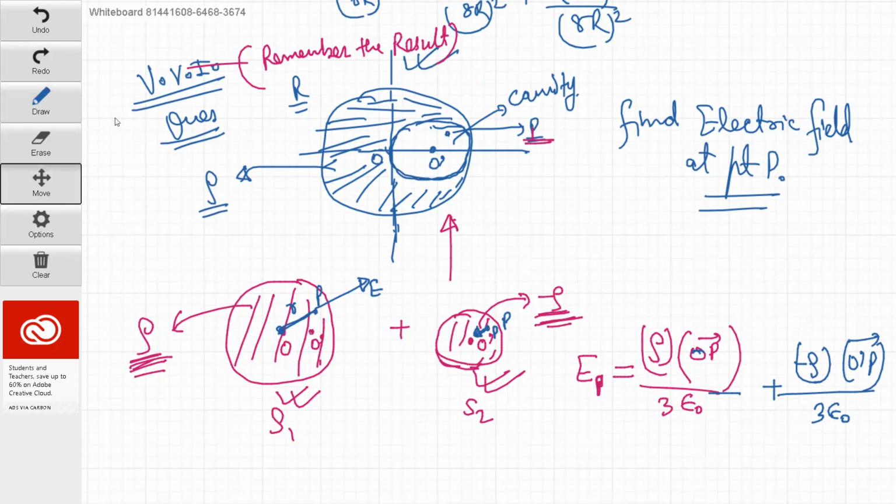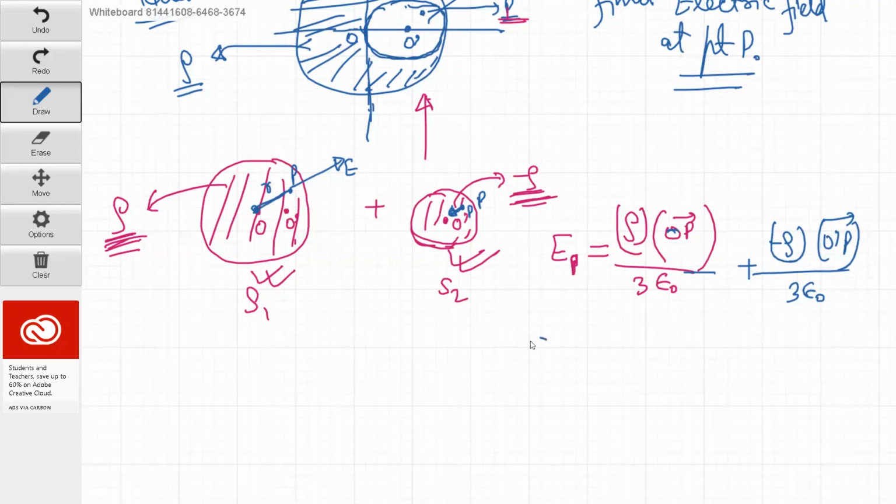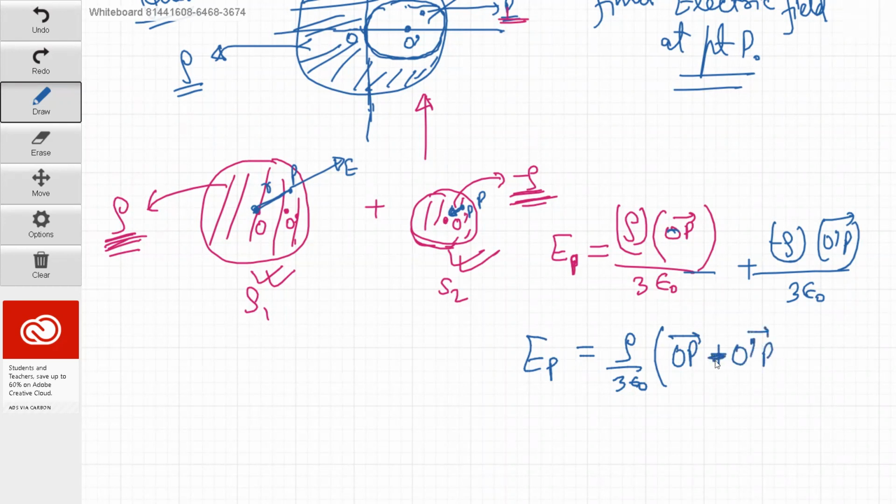Now try to see what will happen. The electric field at point P, rho by 3 epsilon naught will be common. So it will become equal to the OP vector minus the O dash P vector. There is no data about the P point, so how can we find it?